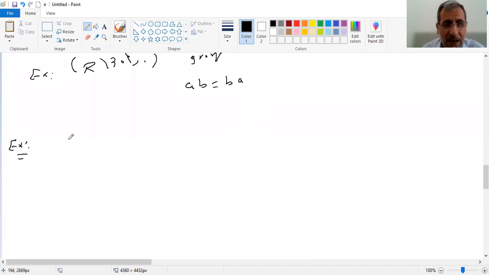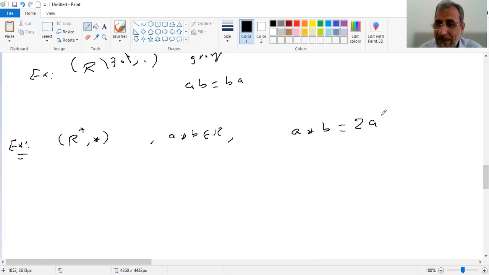Okay, now another example. Let us say R positive is the set of all positive real numbers, with a star operation. For all a, b in R positive, we define the binary operation a star b equal to 2ab. So a and b are positive real numbers.